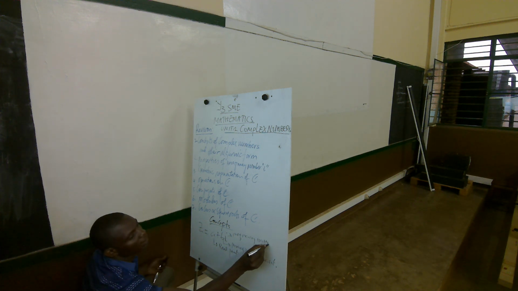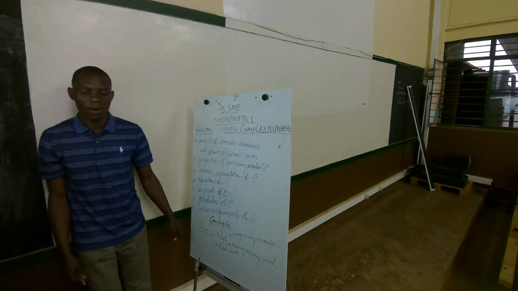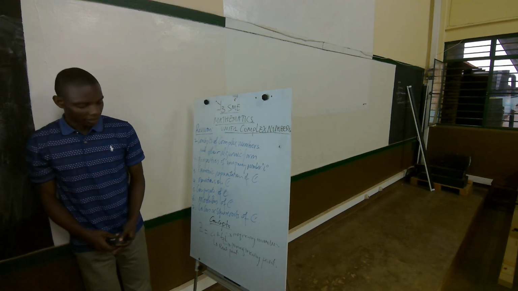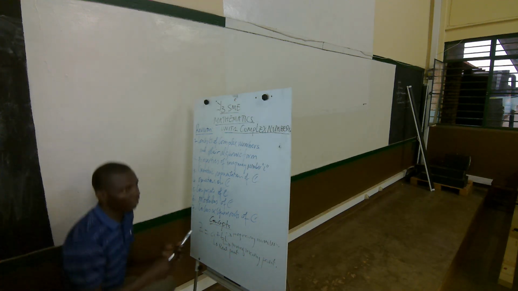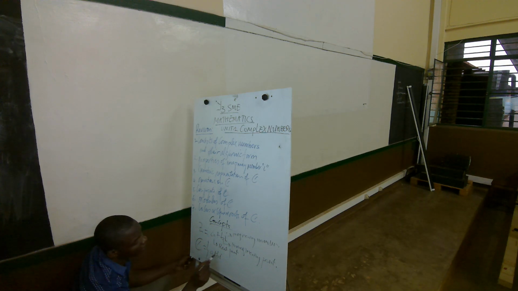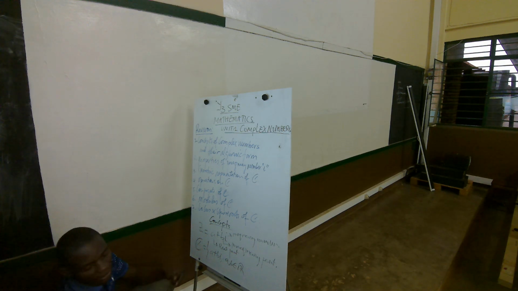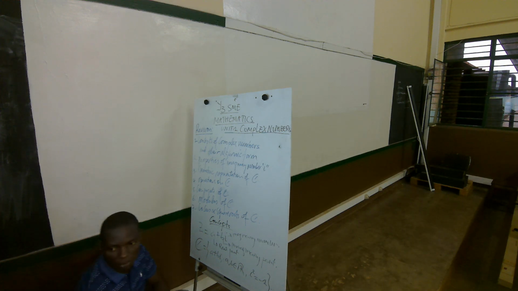Now, this is our description of the complex number, and this is the algebraic form of the complex number, where the set of complex numbers is composed of a plus bi, such that a, b are in the set of all real numbers. It means those are real numbers, and also we know that i square is equal to negative 1. This is the set of the complex numbers.